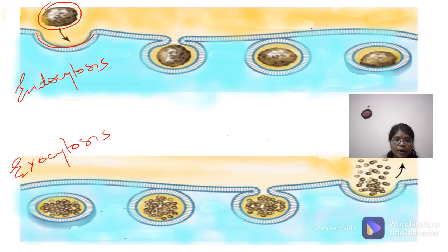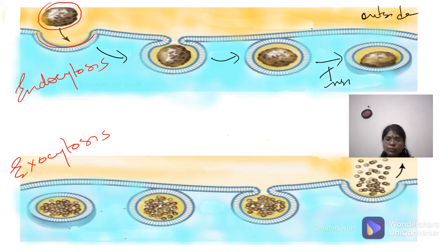A small pocket is formed around the material. Then the material gets inside that pocket, and then it completely comes into the interior of the cell, and then lysosomes bind, digestion happens and further things happen. So this is the process of endocytosis. We can say it moves in this direction, so it is engulfed. This is the outside part of the cell, and this is the inside part of the cell.